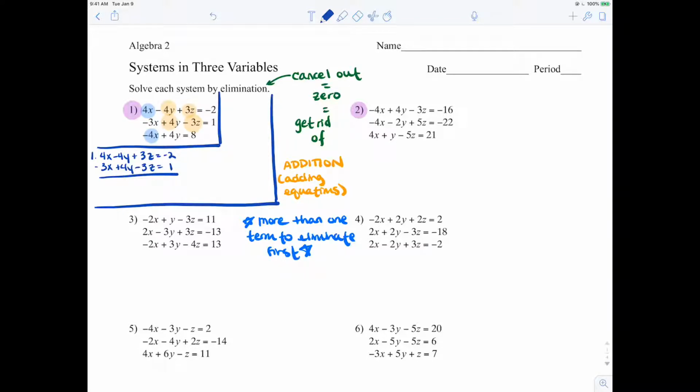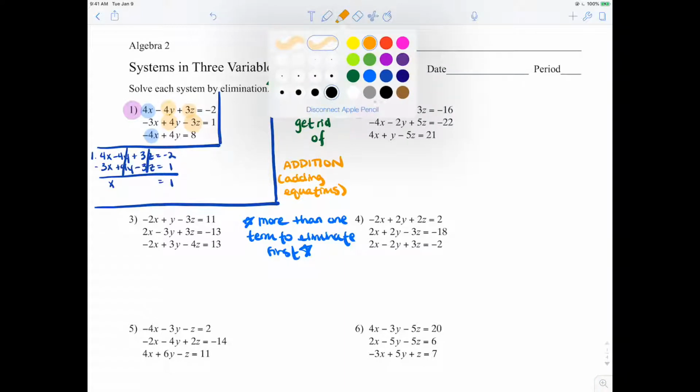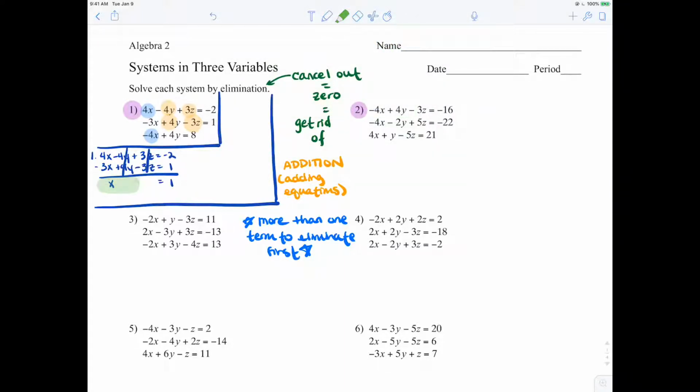When I add these 2 equations together, my z and my y variables cancel out, they equal 0, and I'm left with 1x equals positive 1. And that's the first part of my solution. And I can mark that off.